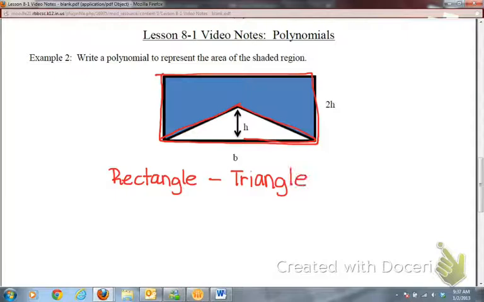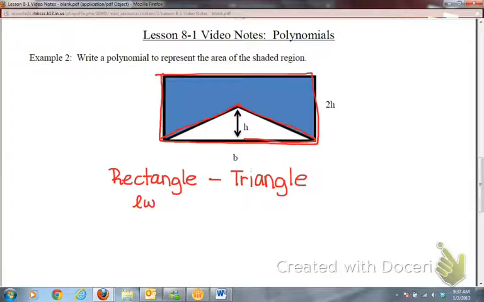So we have a little bit of geometry review to do this. Now, there are formulas that you will need to be able to reference. And if you look at the back of your checklist, there is a table of important formulas that you might need to know for this unit. So the area of a rectangle, the formula for that is the length of the rectangle times the width of the rectangle.